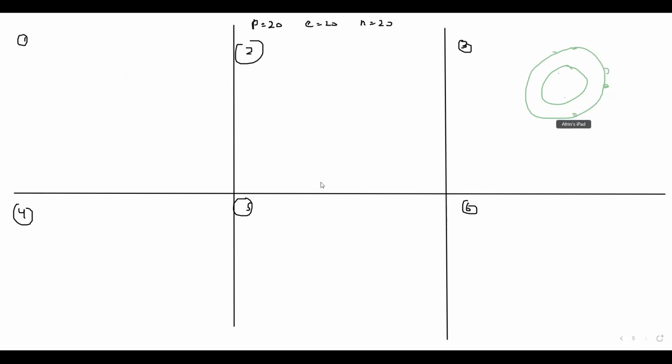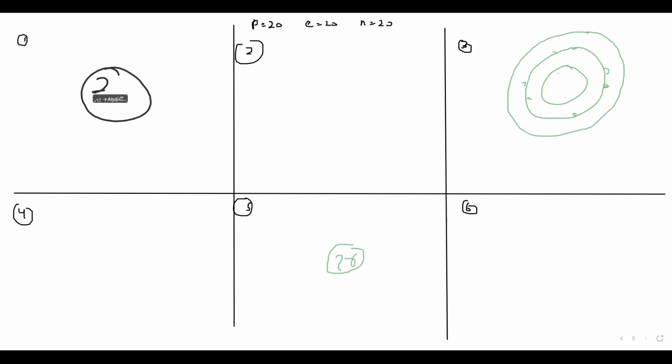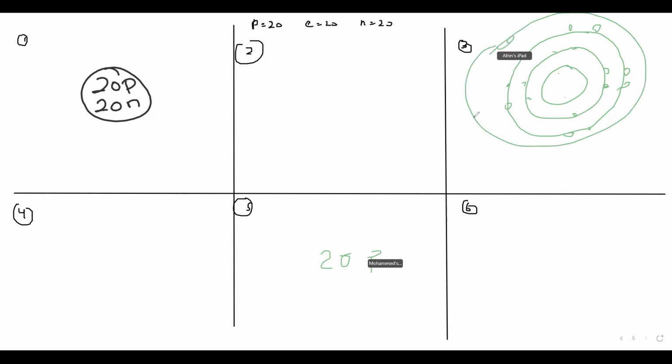Don't worry if your diagram looks rough, it's okay, just to check the concept. And write the electronic configuration at the end.